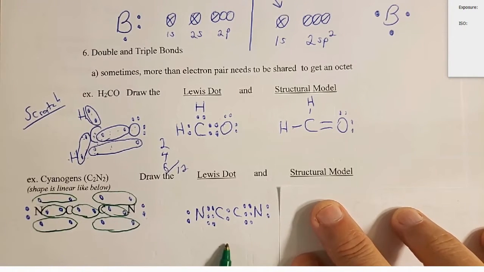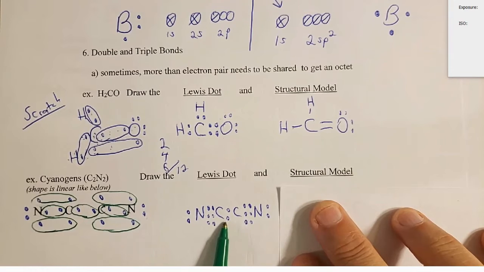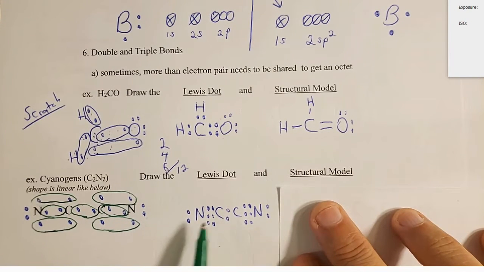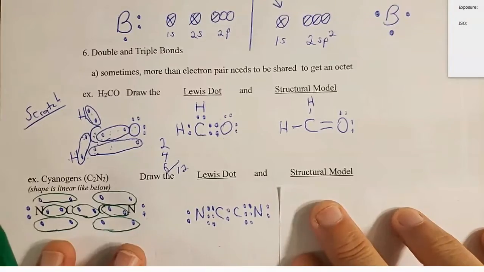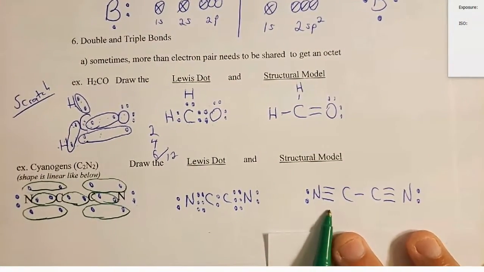If we do our octet check, does everybody have an octet? It looks weird, but yes, this nitrogen has access to these 6 plus these 2. This carbon has access to these 6 plus this 2, and the same on the other side. So everybody has access to their 8 electrons. This looks pretty cool when you draw the structural model of it. There's my triple bond.